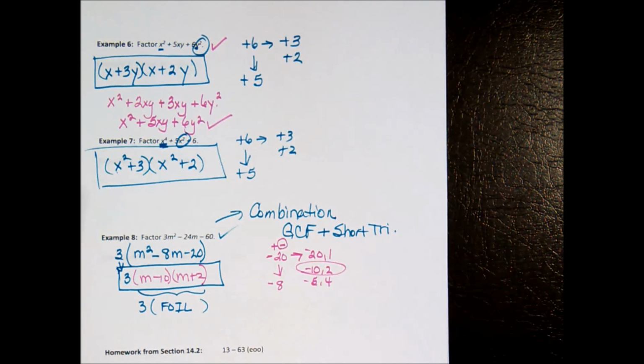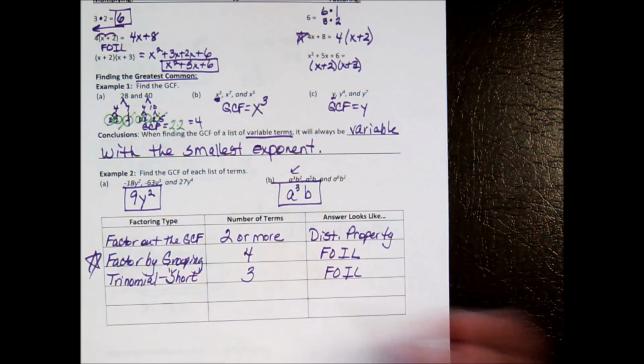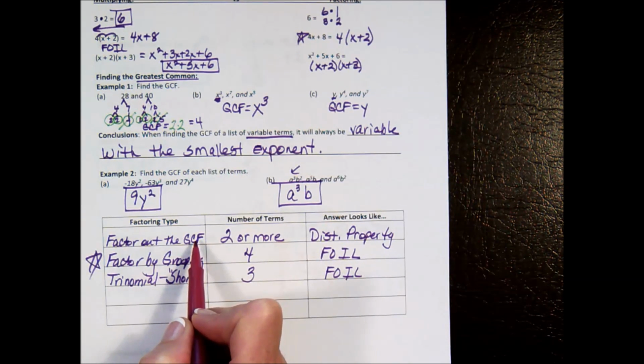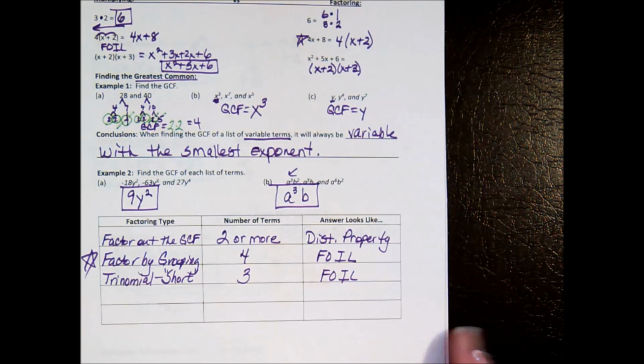So you can have combinations of more than one type of factoring. And looking back at our chart, it's common to first have to factor out the GCF and then do one of the other factor types. And you'll see some more examples of that in other videos.